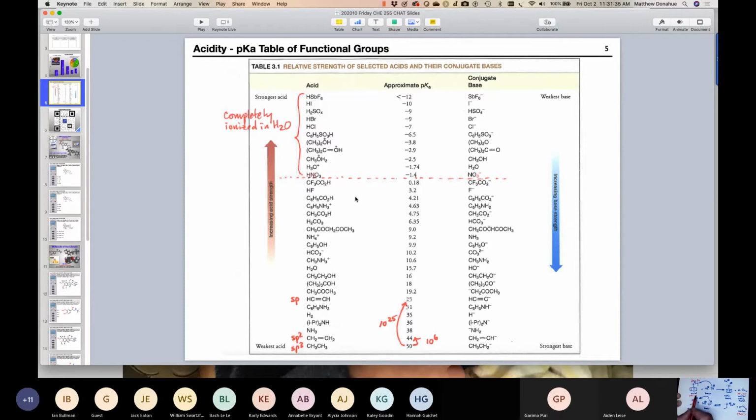Because this has a more acidic pKa, when we treat with this base, it goes 100% towards the products. We rationalize that by comparing these two numbers, 10 and 15.7. This equilibrium lies towards the weaker acid-base pair. In this example, because 16 and 15.7 are essentially the same, the forward and reverse reactions happen equally.